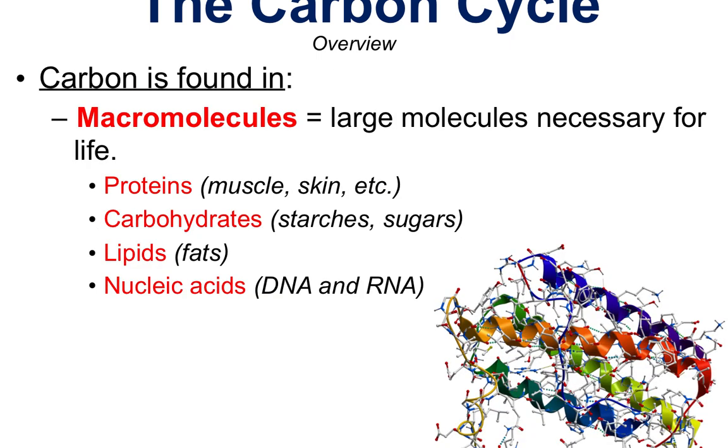So it's found in a variety of different forms and places. Carbon, being the basic element all living things need, is found in the macromolecules. These are very large molecules that are necessary for living things. Carbon is found in proteins, carbohydrates, lipids, and nucleic acids. Proteins make up our muscles and skin, and carbohydrates are things like starches and sugars. Lipids are fats, oils, and waxes, and nucleic acids are found within our cells: DNA, RNA.